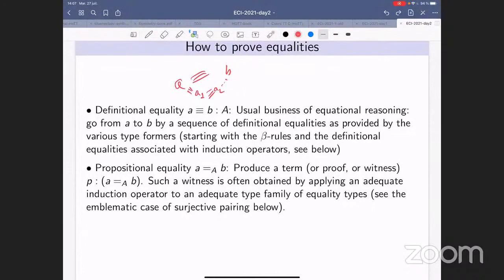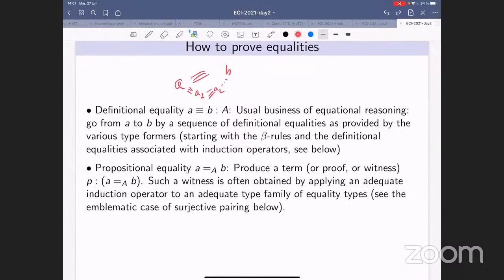So usually you will have an insight or be clever and find an adequate induction operator, apply this to an adequate type family of equality types, which will allow you to produce a term of these equality types. So you will use all this machinery of induction operators to find your proof.